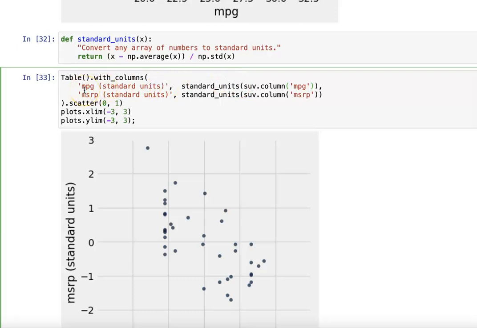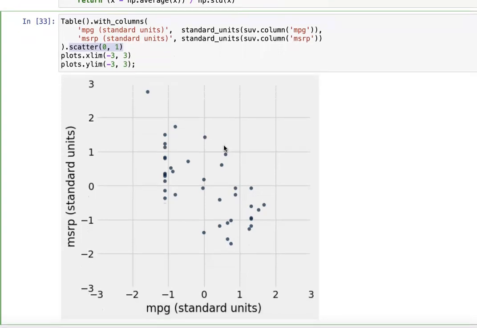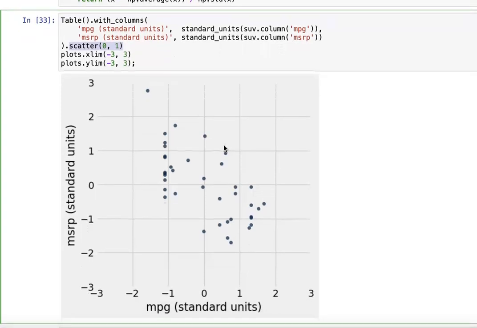We make that X. Then for Y, we change the MSRP price to the standard unit. Then we put the scatter plot as well. So that's our standard unit gas mileage and the MSRP.